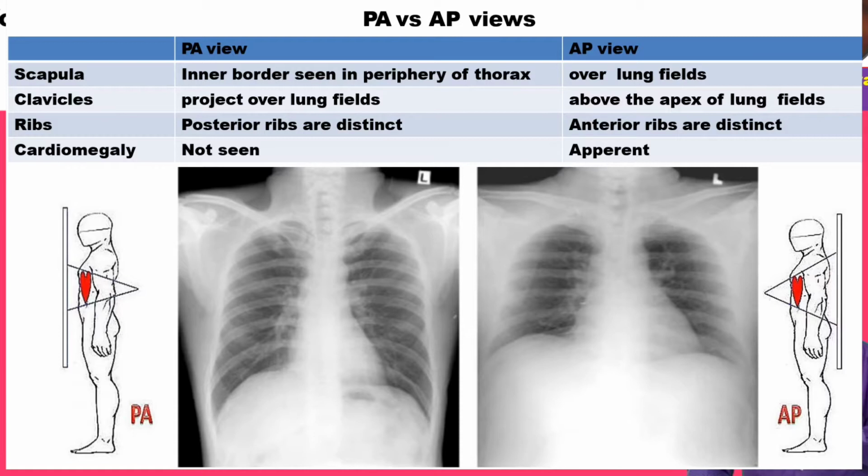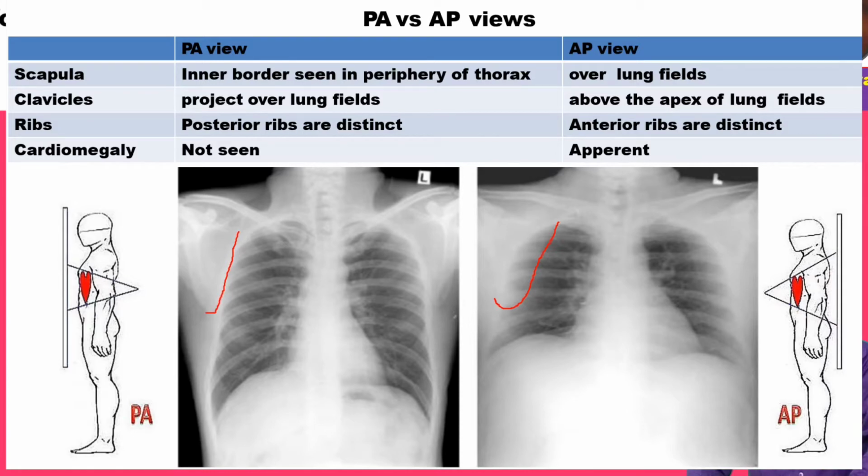In the PA view, you can see the inner border of the scapula, which is at the periphery of the thorax. While in the AP view, this is the scapular border, and in the PA view, this is the scapular border. So this is outside of the thoracic cage, while this is inside of the thoracic cage.